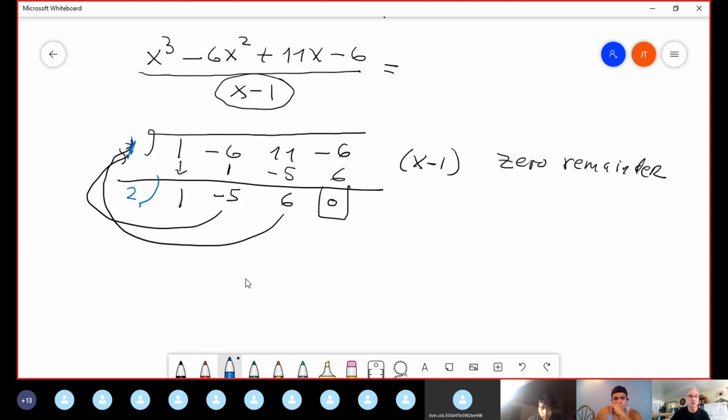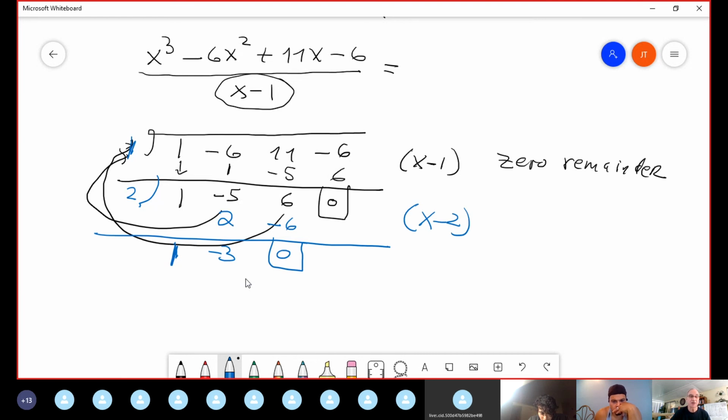Bring down 1. Multiplication 1 times 2 is 2. Negative 5 plus 2 is negative 3. And negative 3 times 2 is negative 6. And again, 0 remains. That means the factor x minus 2 is also a factor of this polynomial.